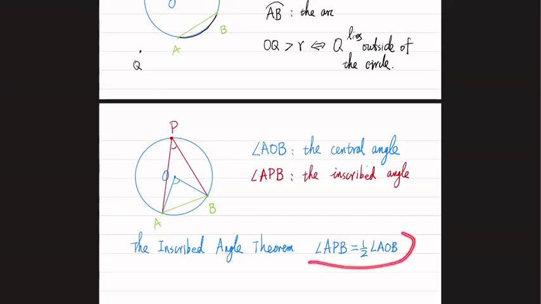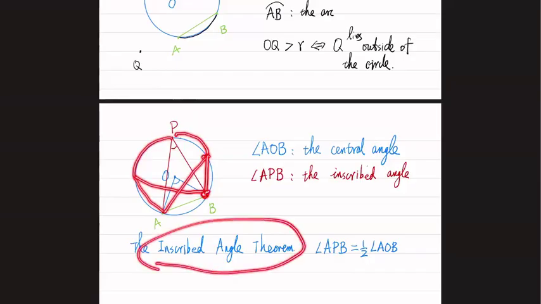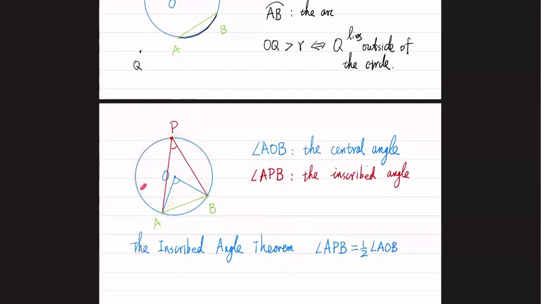Why is this important? Because the inscribed angle changes when the point moves on the circle. P can go over there, we connect, we get another inscribed angle. P can go over here, we connect, get another inscribed angle. The theorem tells us as long as P moves along the circle, the inscribed angles all equal half of the central angle.